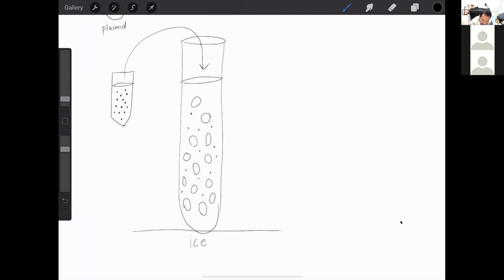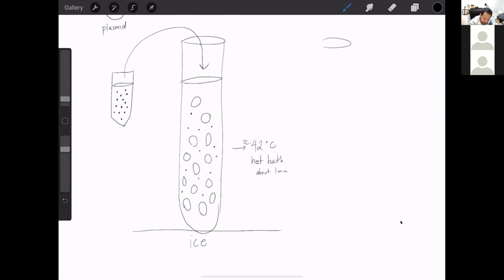Now, what we do after this is that we put them into about a 42-degree hot bath. We're going to put the entire test tube into warm water for about a minute. And what this does is make the membrane more permeable, so that it's really easy for these things to go in.